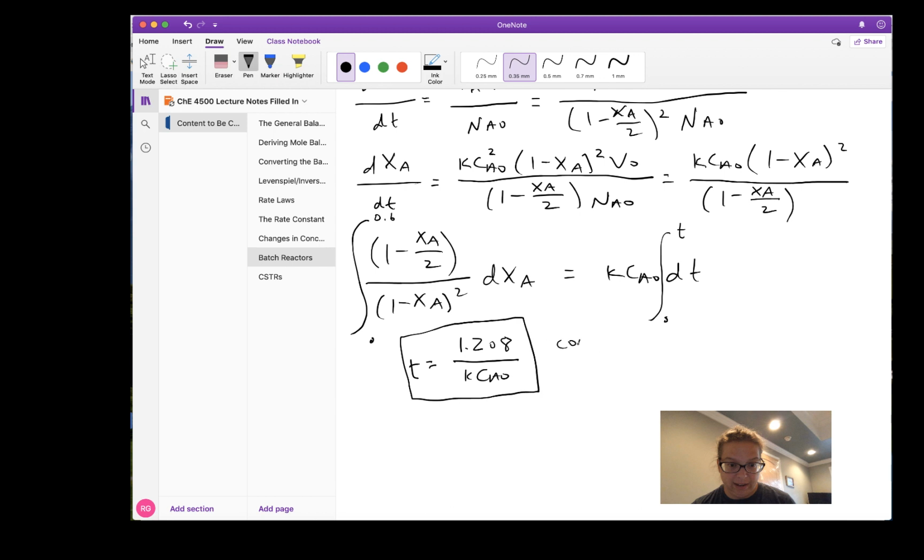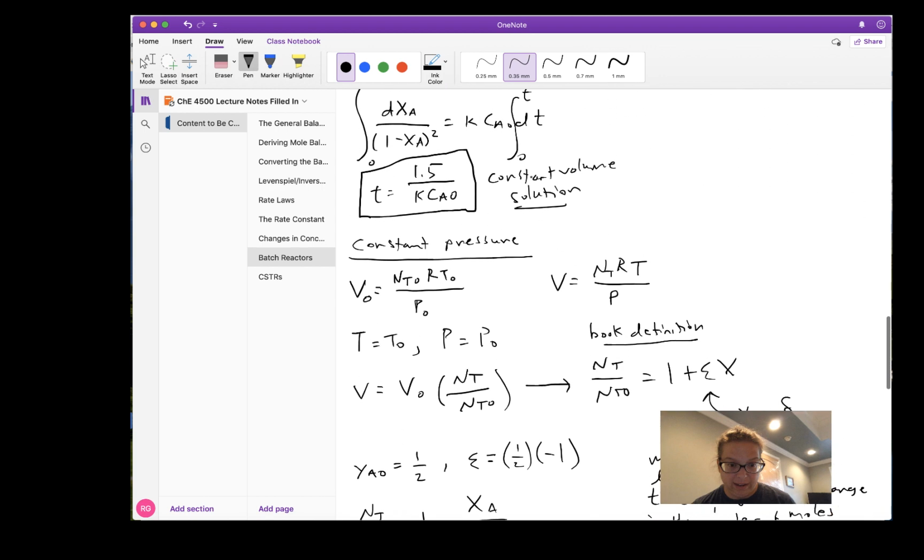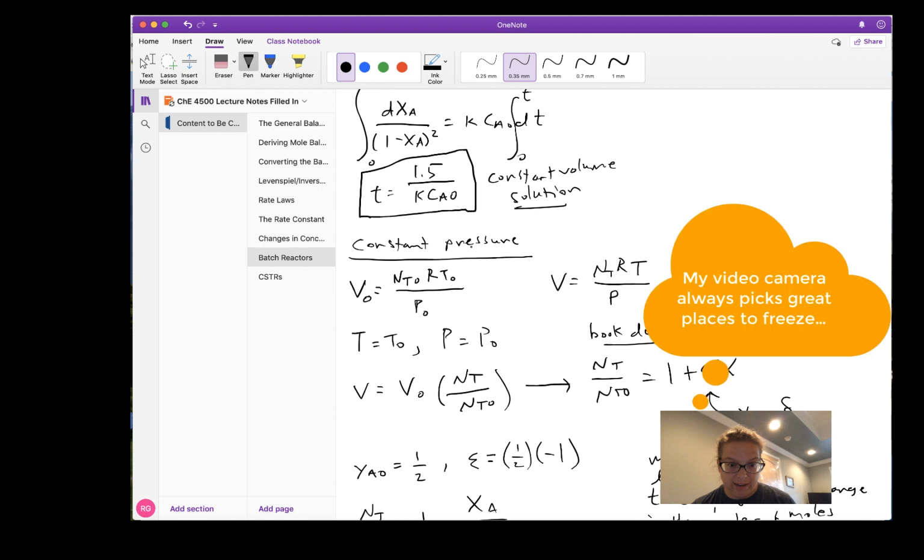So this is for my constant pressure case. If we go back to the constant volume case, I have 1.5 divided by K times Ca naught. The constant volume reactor hence takes longer to get to 60% conversion than the constant pressure reactor.